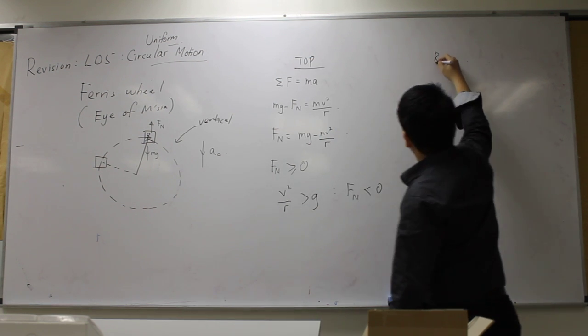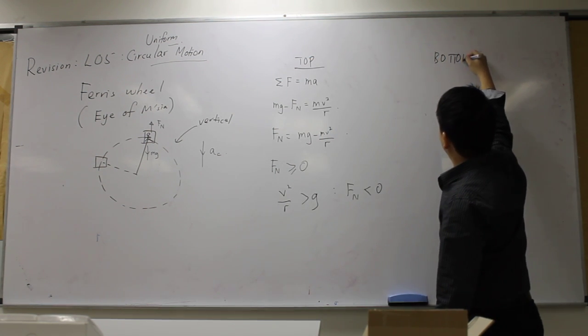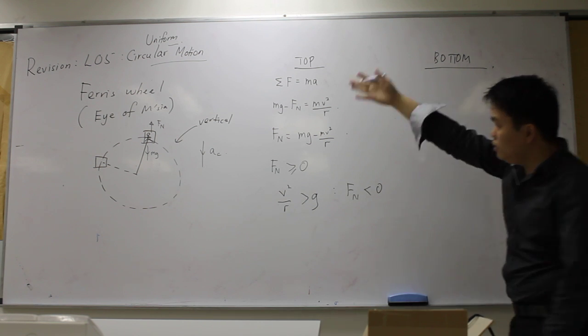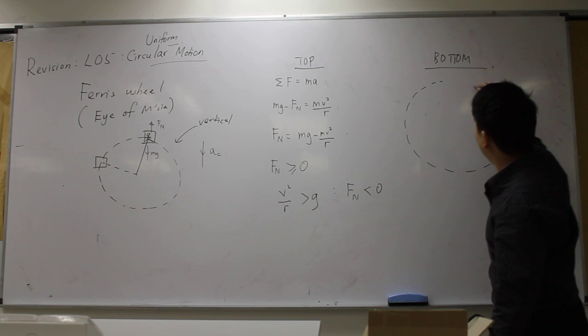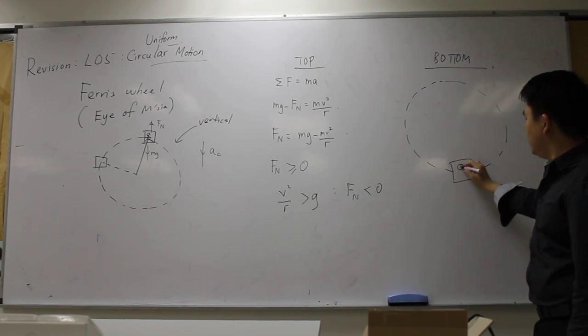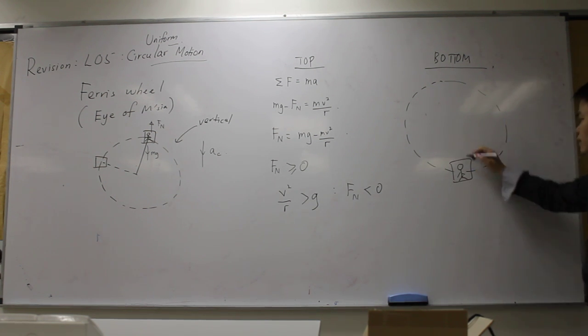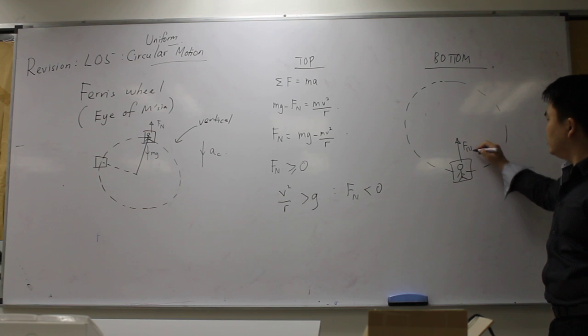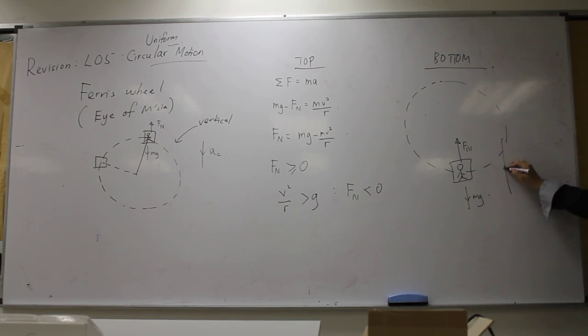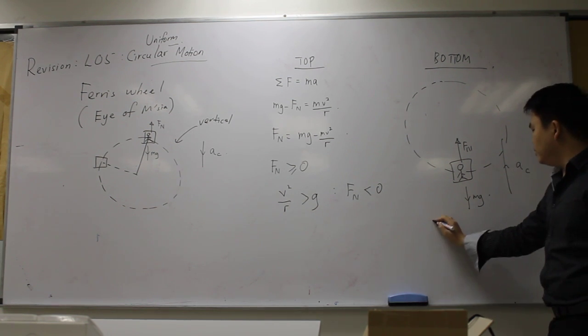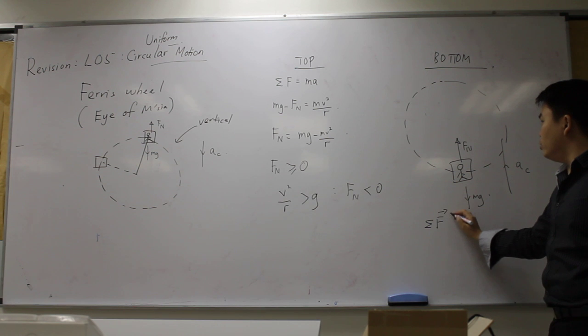For the bottom part, when the guy is at the bottom of the Ferris wheel, still sitting upright, there is Fn, there is mg, and as a result, there's a vertical acceleration. And again, we use sigma F equal to ma.